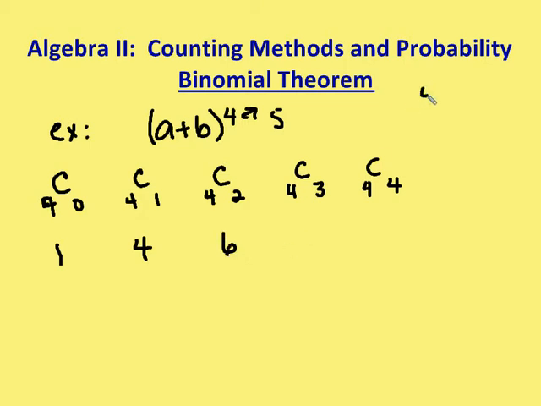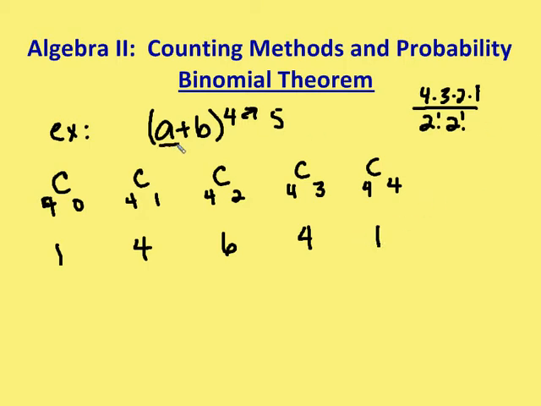I've got 4 times 3 times 2 times 1, which is 24, over 2 factorial, which is 2, and 2 factorial. So I've got 24 over 4, that equals 6. And 4 choose 3 is going to be 4. 4 choose 4 is going to be 1. So I have my coefficients for each of the terms now. So I can continue on and expand.